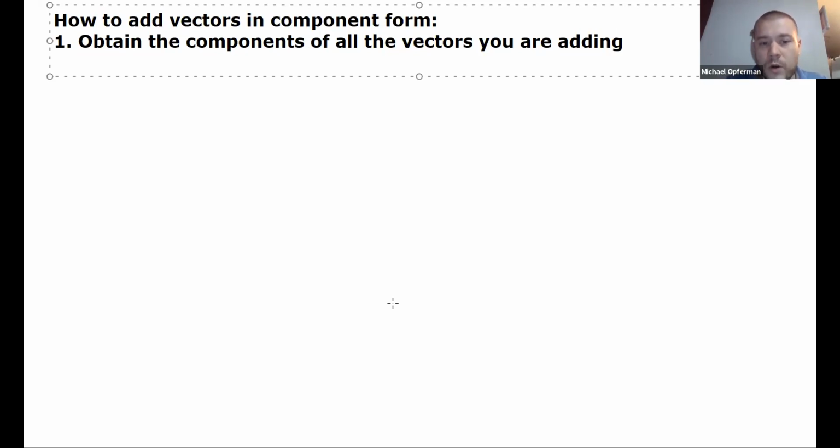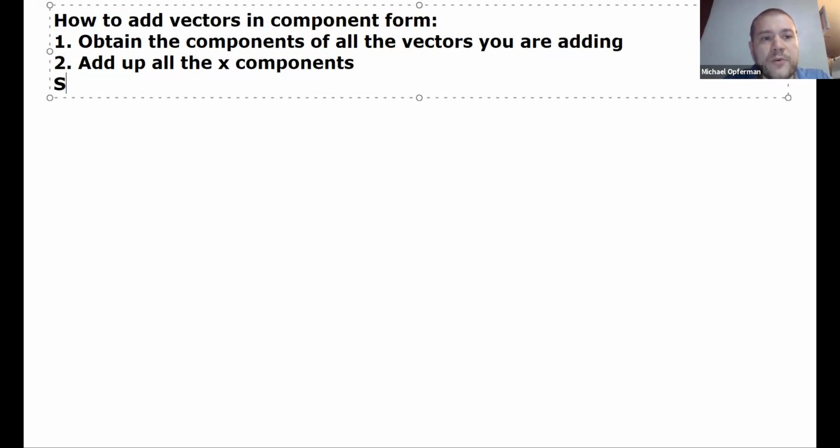Okay. The next thing you want to do is basically organize the components into their x and y categories. So number two, what you want to then do is add up all the x components.